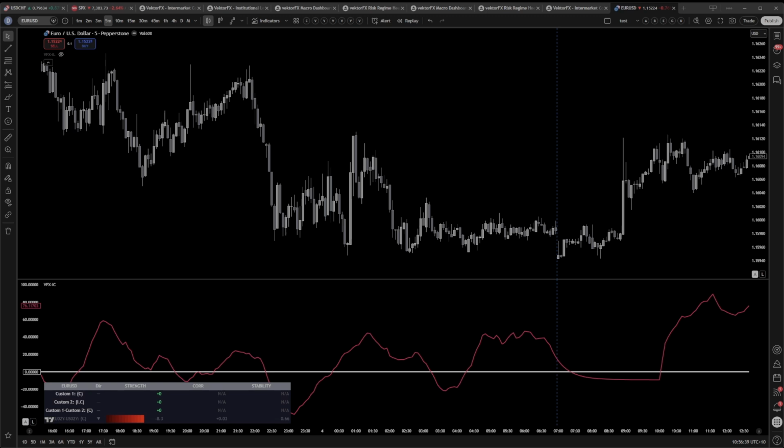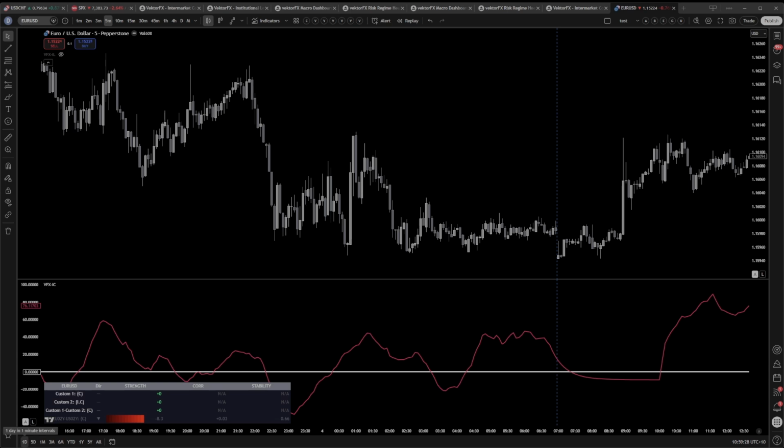So if we can come up with a synthetic index for the euro and then a synthetic index for the US dollar, we then have two indications of strength of the euro US dollar currency pair. And that is what we have done with this indicator.